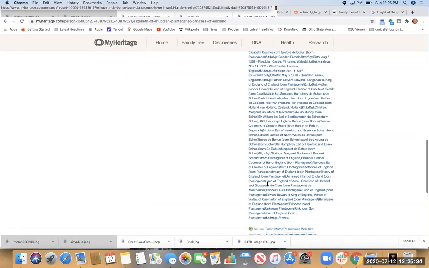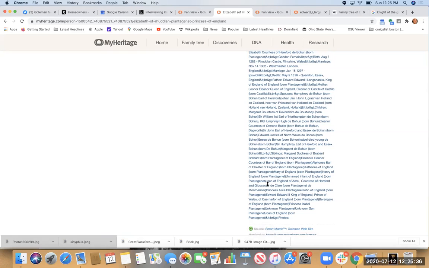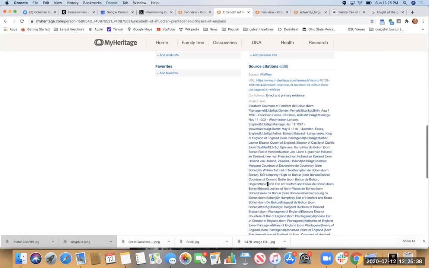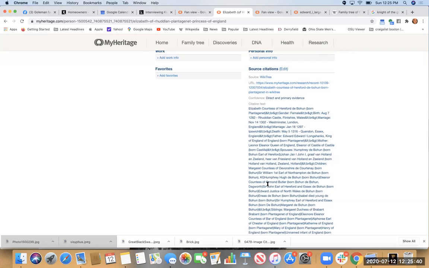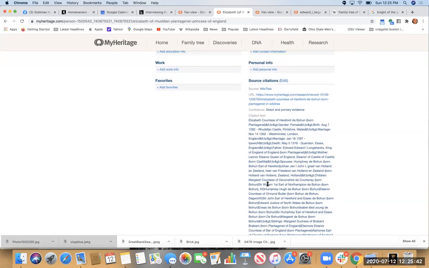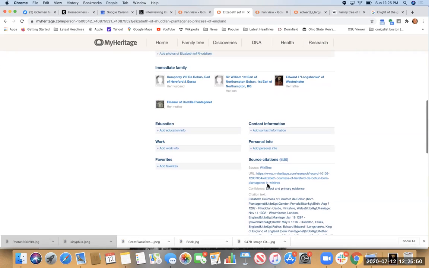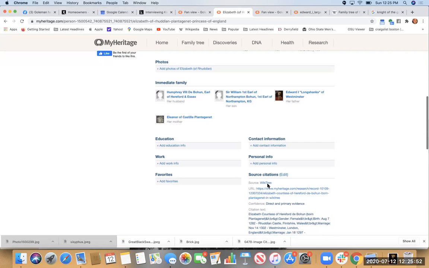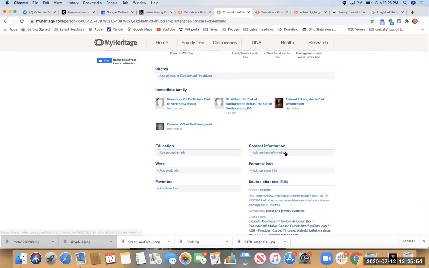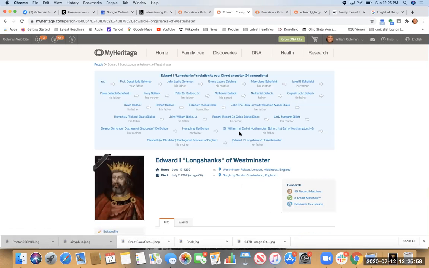And a lot of these over here on the right, you can see these source citations, which were really big. And as I was looking through them, it occurred to me that if she's a princess of England, then who's her daddy? And her daddy is Edward I, Longshanks, the King of England.